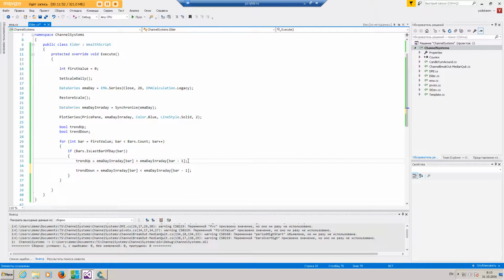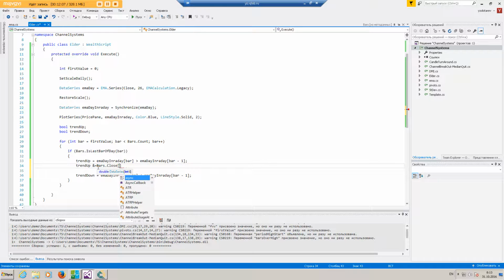And let's also introduce the price. Right, so this bar has to be lower than the EMA intraday bar. Sorry, it has to be higher for trend up.